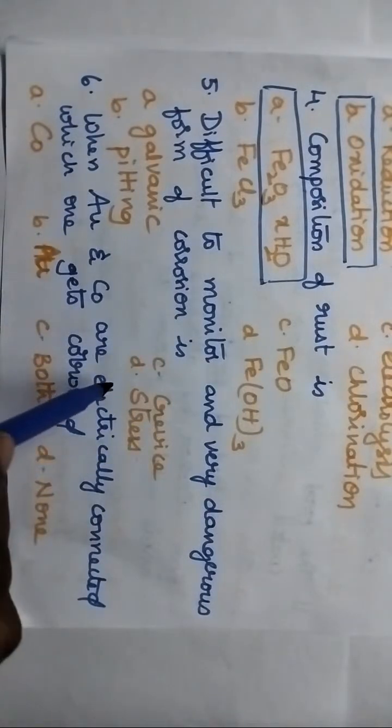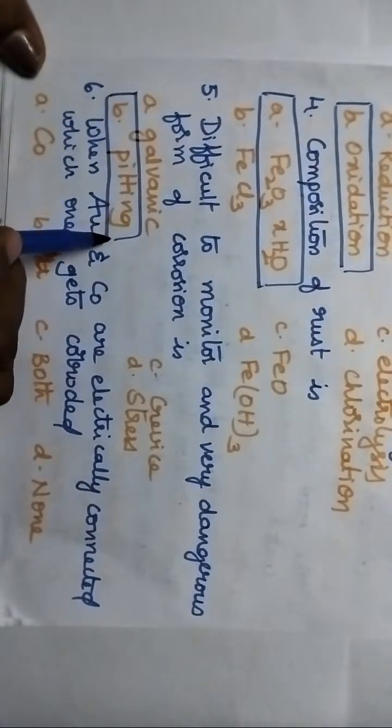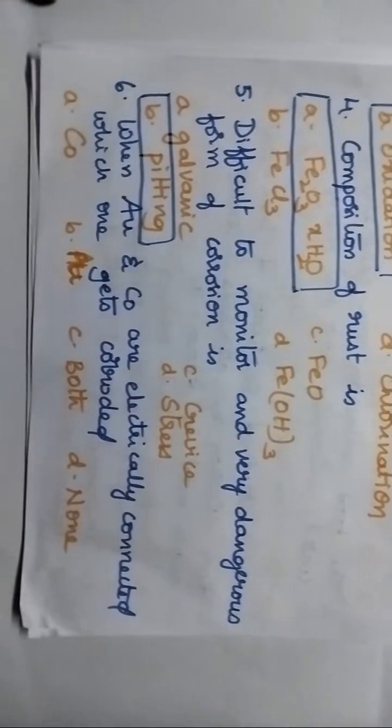B, pitting corrosion. C, crevice corrosion. D, stress corrosion. Very good, Mahendra, Rebecca, Sahiti, Ramadurga. Yes, pitting corrosion is highly difficult to identify and it is the most dangerous form of corrosion.